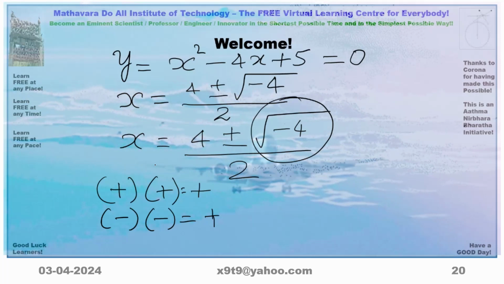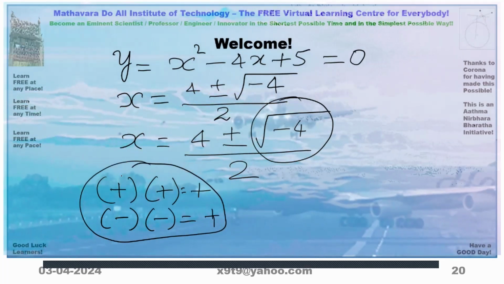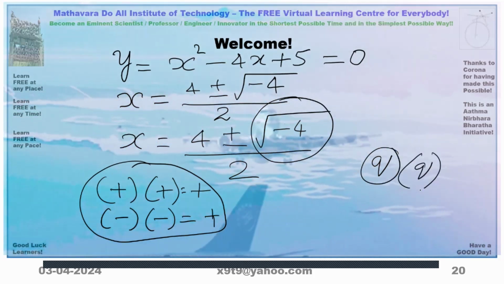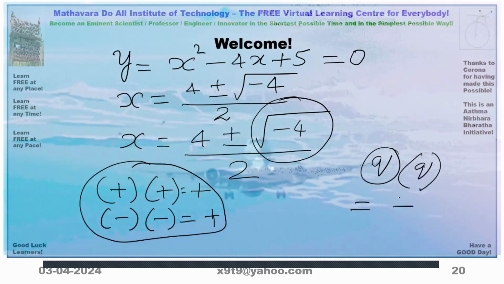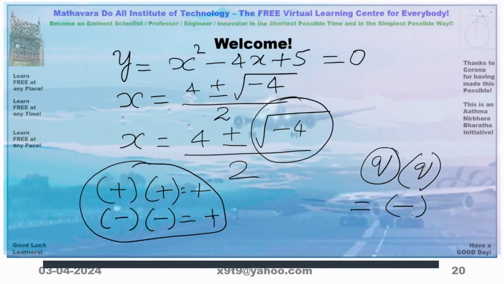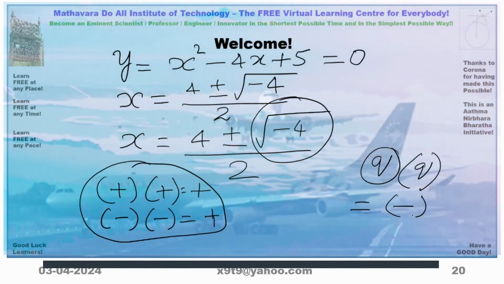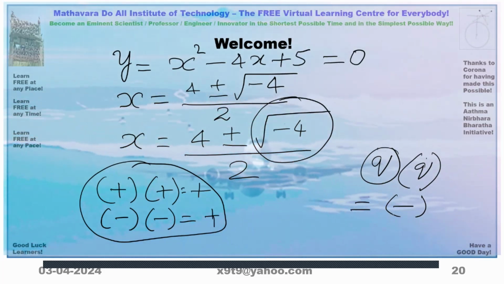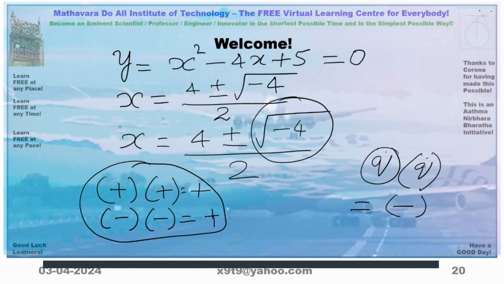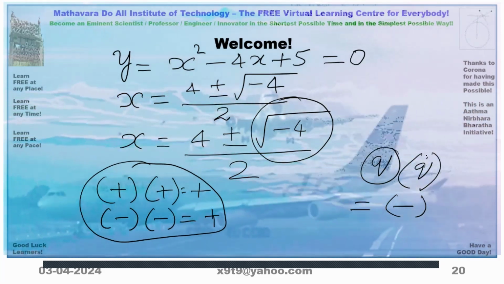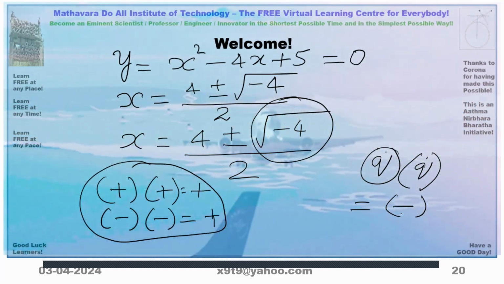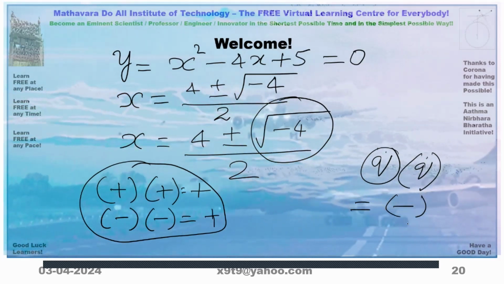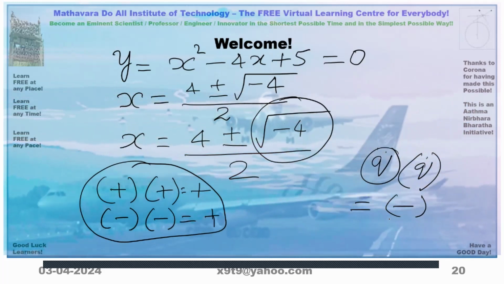Can you imagine that? Take any number, say q, multiply by that q, the answer will be negative. If it is plus here, it is also plus, so you must get plus. If it is minus, this is also minus, we should get plus. But here we have a number which when multiplied by itself gives a negative value. Can you imagine this is a number?